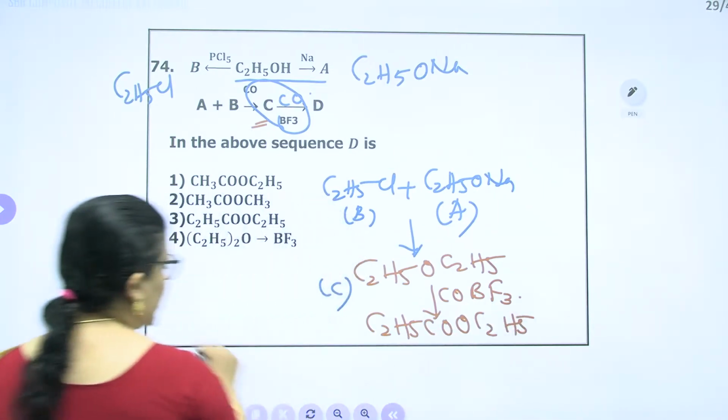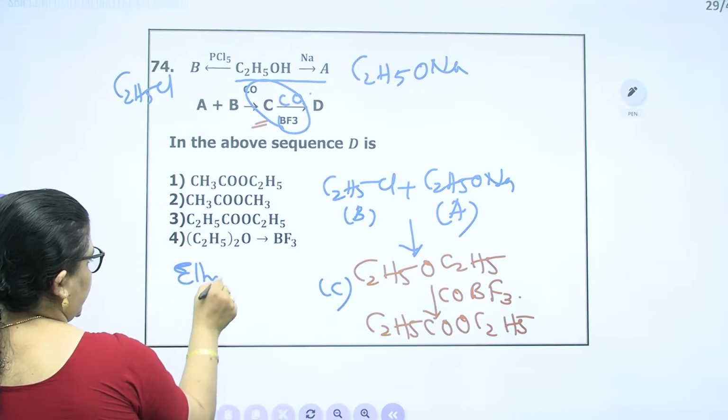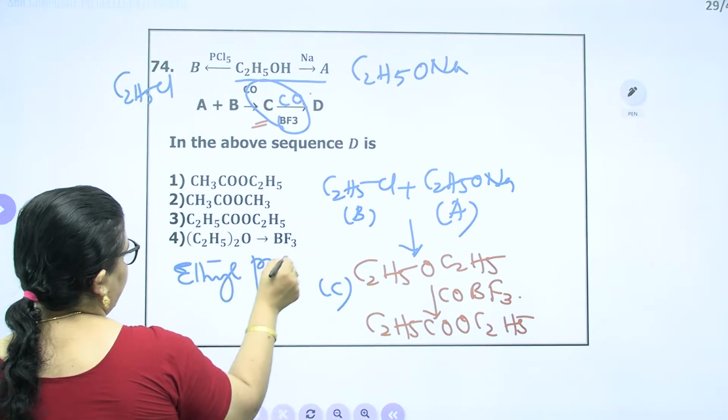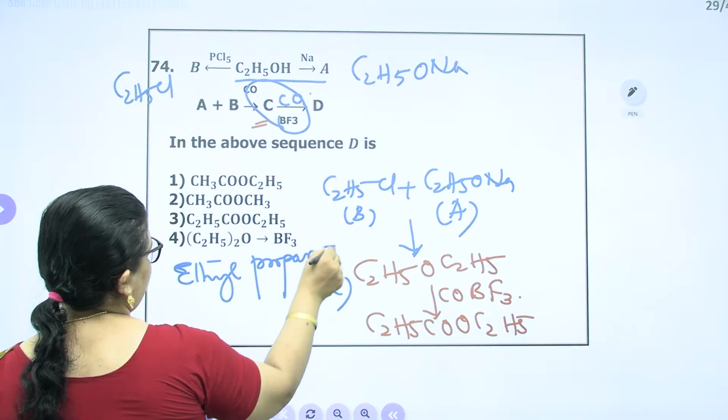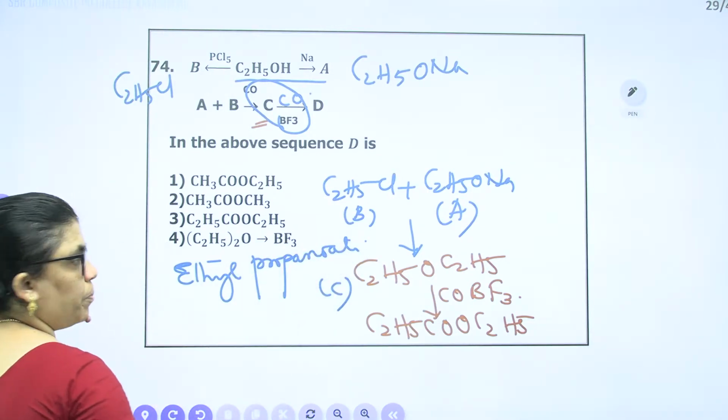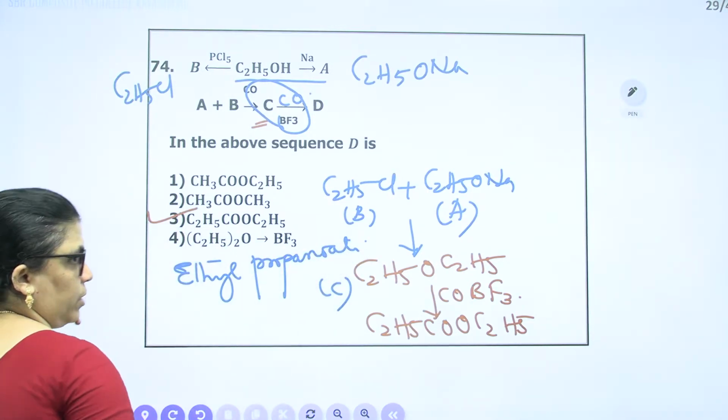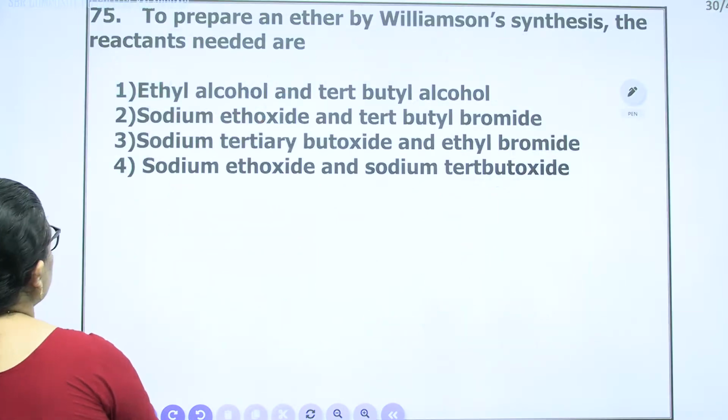What is the name? Ethyl propanoate. The correct option is the third one.